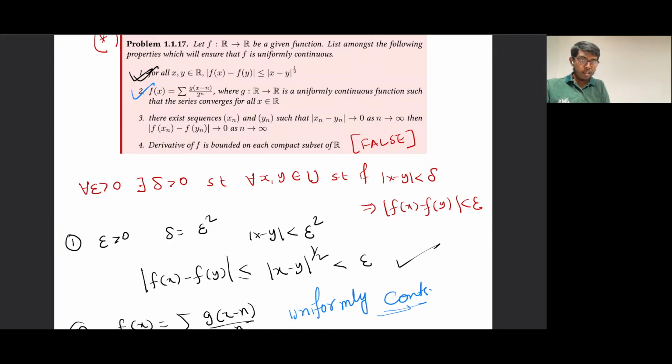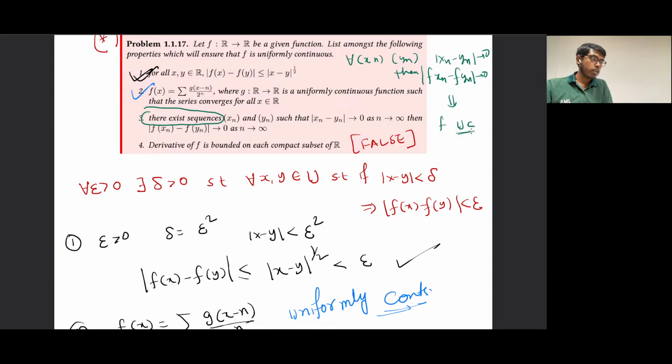Usually, yesterday we talked that f is uniformly continuous if for every xn, yn, if xn minus yn goes to 0, then f of xn minus f of yn goes to 0. Here it says that there exists a sequence. This is false. Why? So let's give a counterexample.